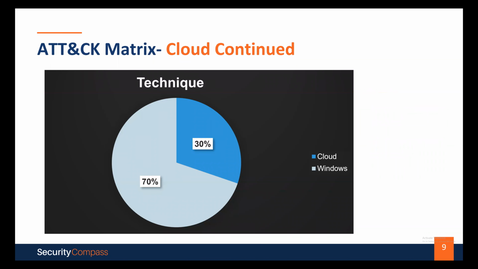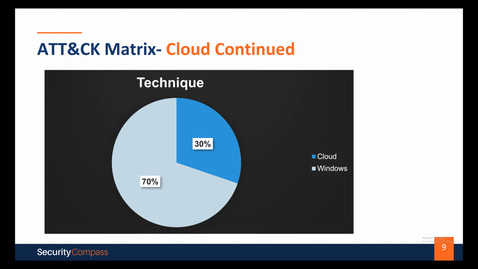So when we dive into the techniques associated with the cloud matrix, we can see some trend analysis where 70% of those techniques are reflected in other matrices, in this case, the Windows matrix. So what does that mean for you as an organization, as a security team?